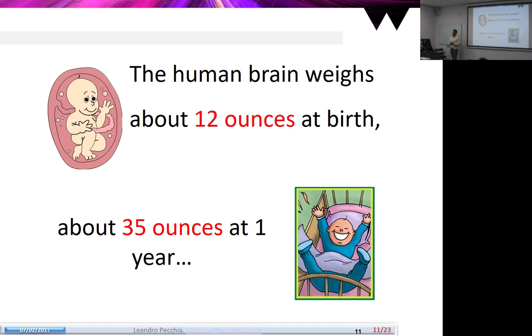But what really changes after the second or third year of life are the connections among brain cells. So the mass is there, it's already mature when you are about 3 years old.